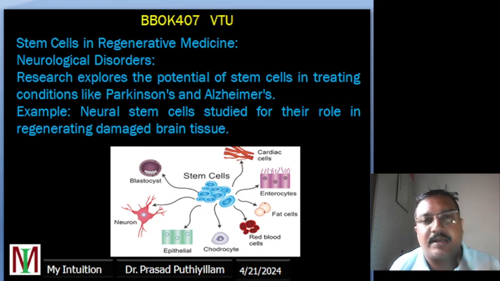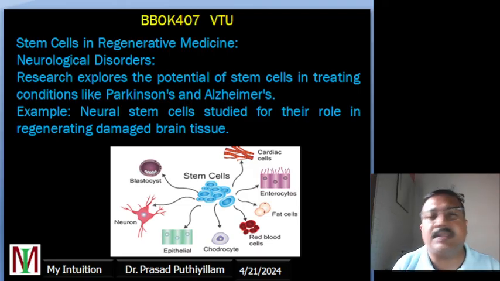See the neural stem cells for neurodegenerative diseases, mainly Parkinson's disease or Alzheimer's disease. They are characterized by loss of specific types of neurons only. So the neural stem cells, which are actually there in the brain, can be used to replace the lost cells.